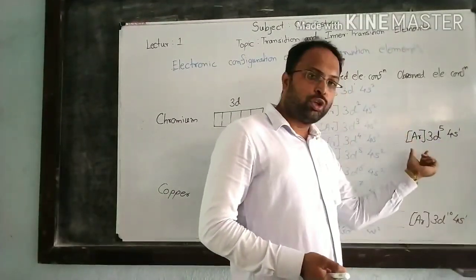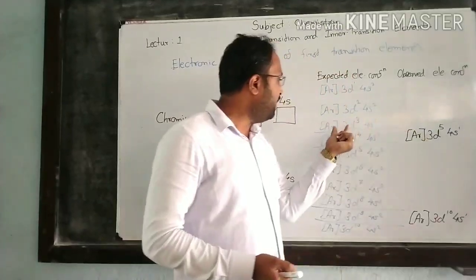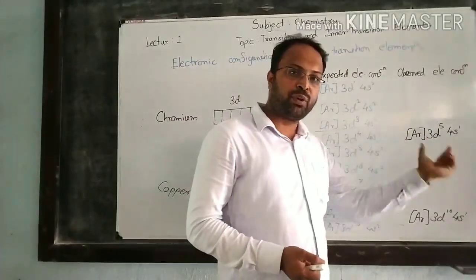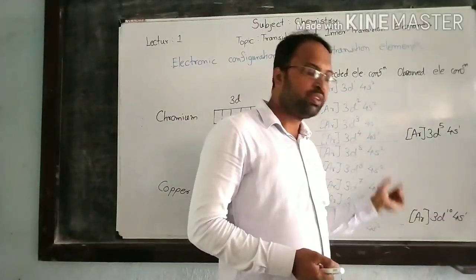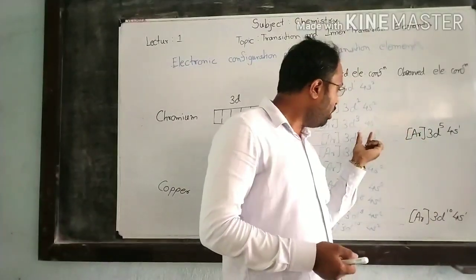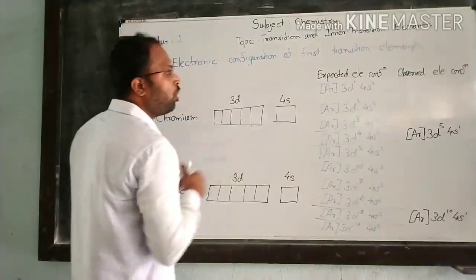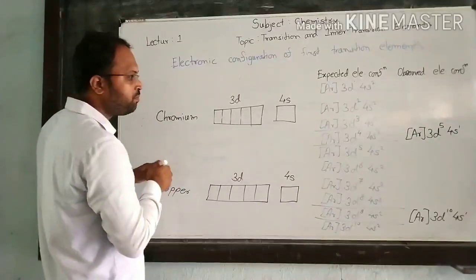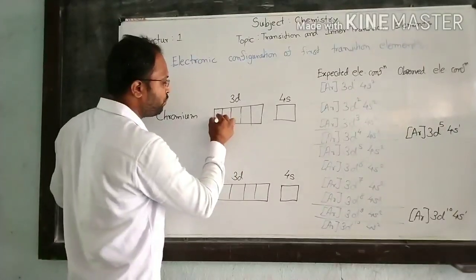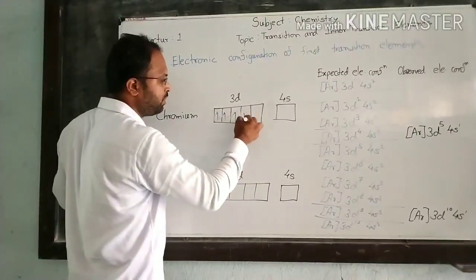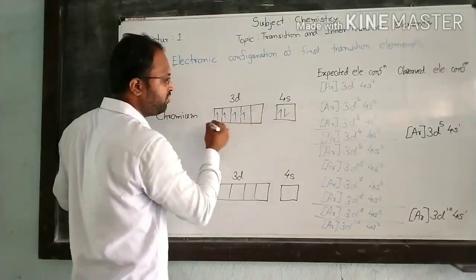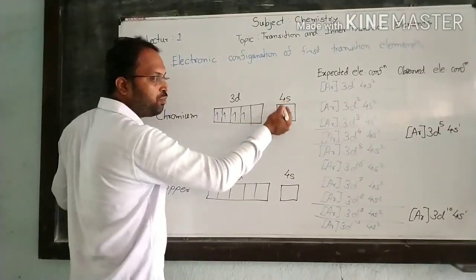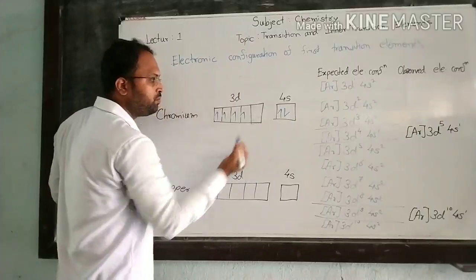The observed and expected electronic configurations are different for chromium and copper. This is because the expected electronic configuration of chromium is [Ar] 3d4 4s2. The 3d subshell contains 5 orbitals and 4s contains 1 orbital.